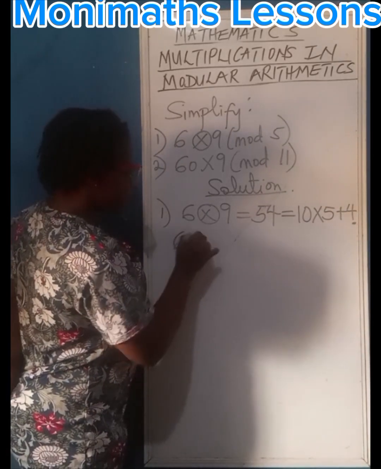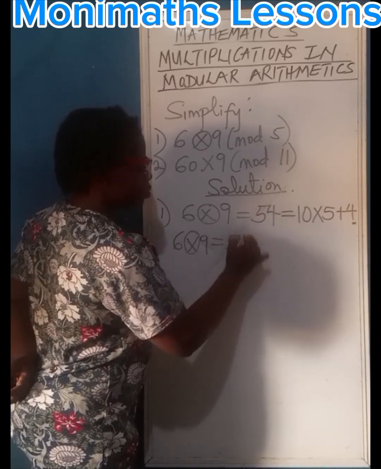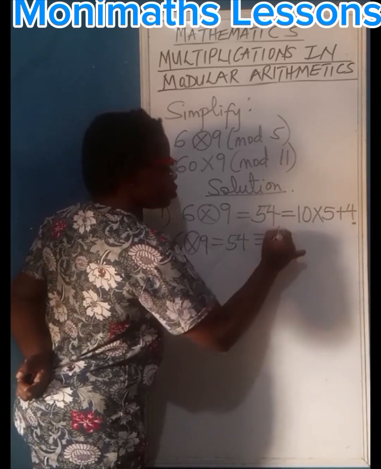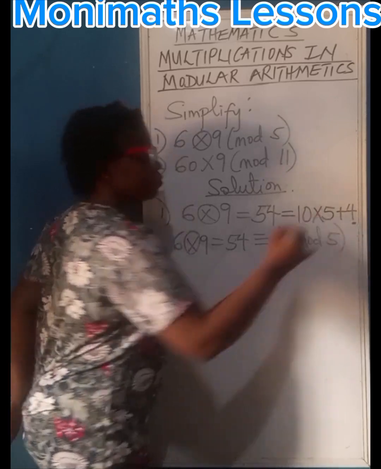That means 6 times 9 is equal to 54, which is equivalent to 4 in mod 5.